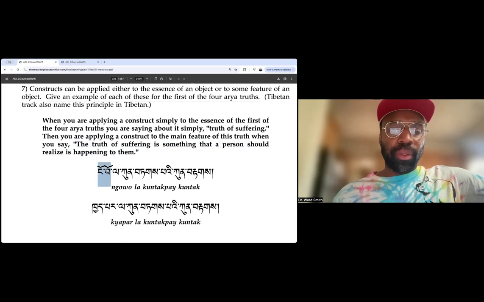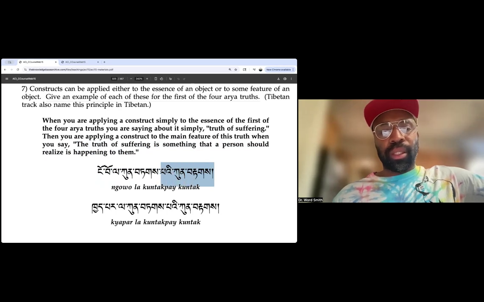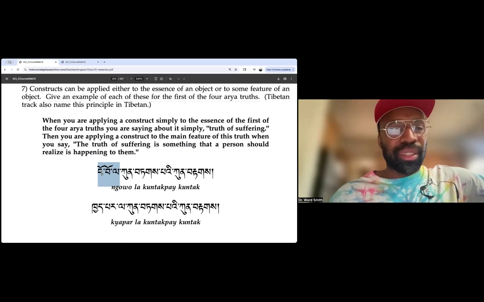All right. The construct of the construct is labeled onto the essence.